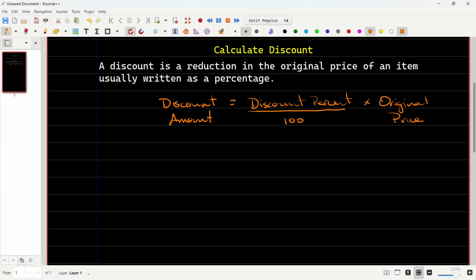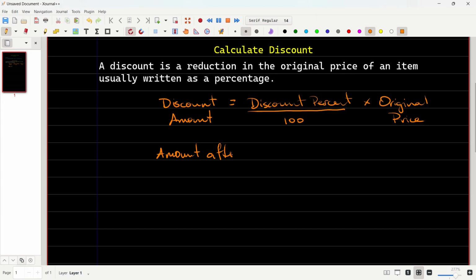Now, alternatively, you can also determine the new amount that you have to pay. So, amount after discount. That would be clearer.